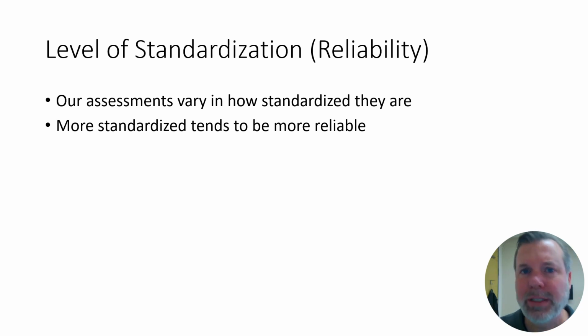So our assessments, especially our Criterion Reference Assessments, they're really going to vary. There's going to be a lot of variability in how standardized they are, right? So I'm going to show some examples and kind of help you think through that. And the more standardized an assessment is, the more reliable it tends to be, right?